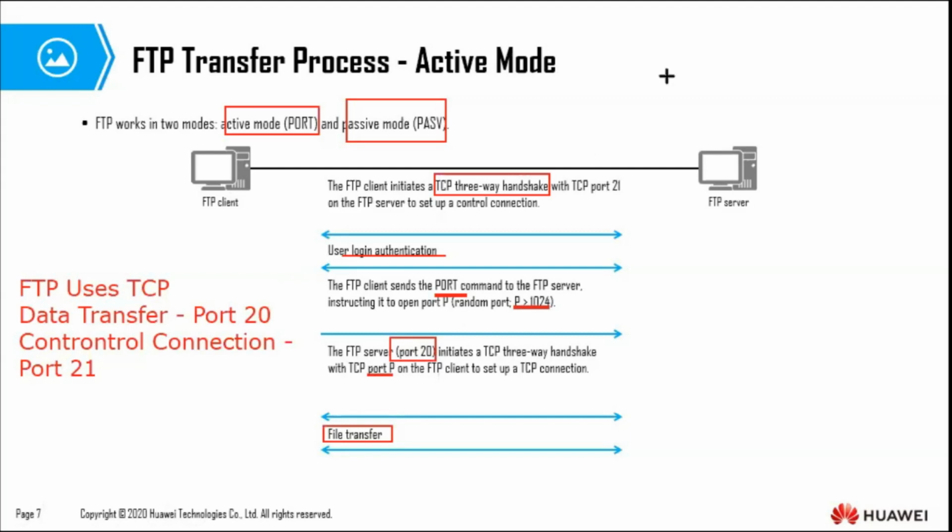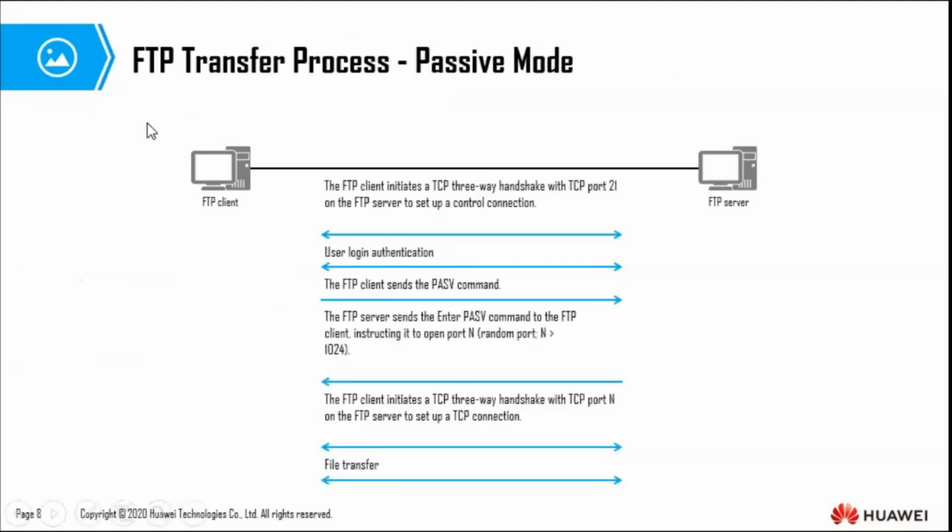Wonderful. Okay. So the next mode is the passive mode. Now, with passive mode, again, it begins by doing a TCP three-way handshake via TCP port number 21, then authentication.